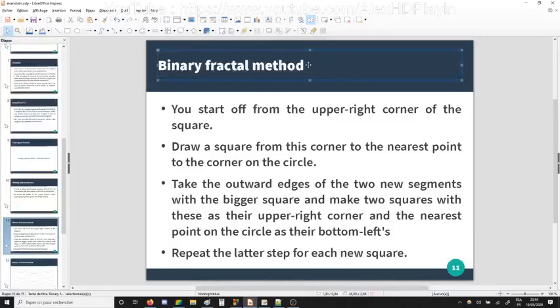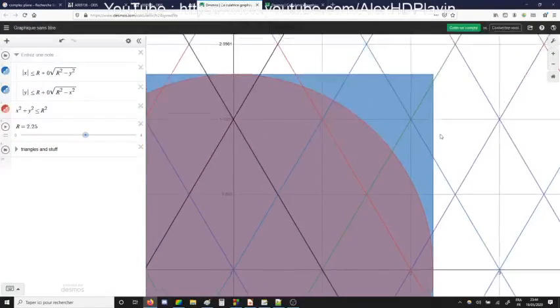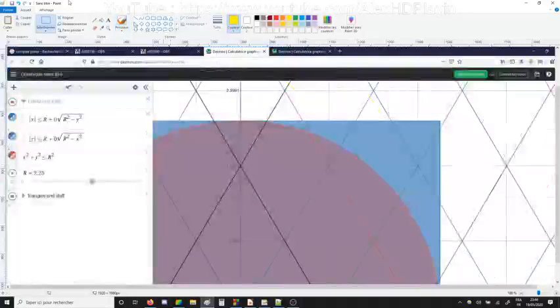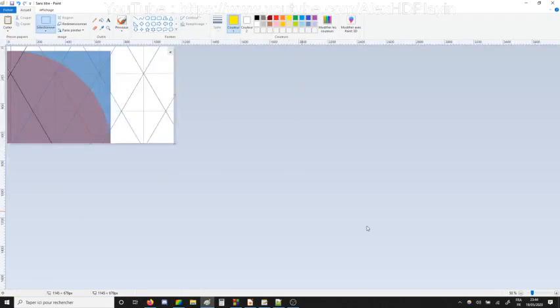Here's my method: binary fractal of squares. So what do I mean by that? Start from the upper right corner of the square. I'm just going to zoom that real quick. We don't need the whole thing anyway.